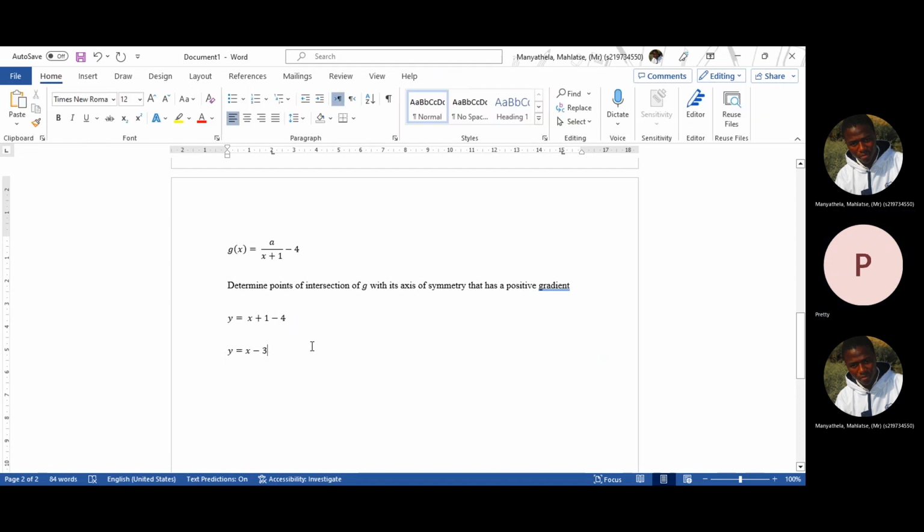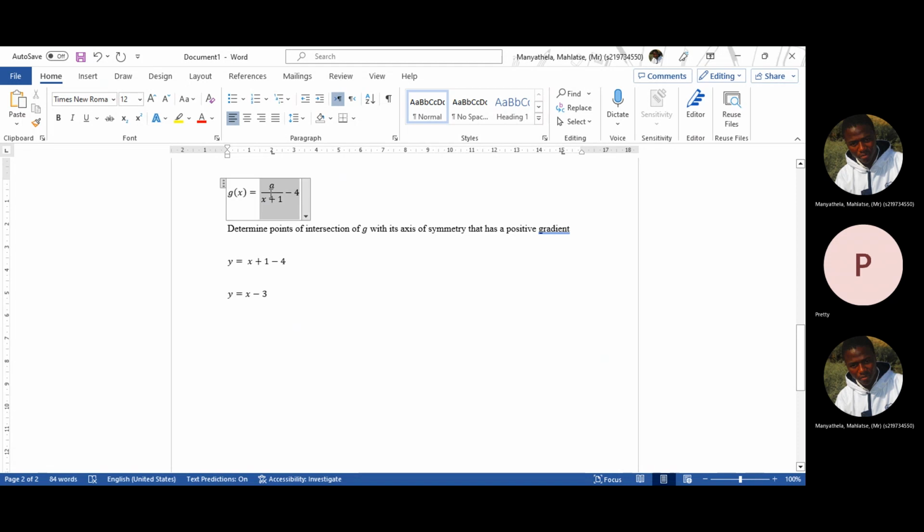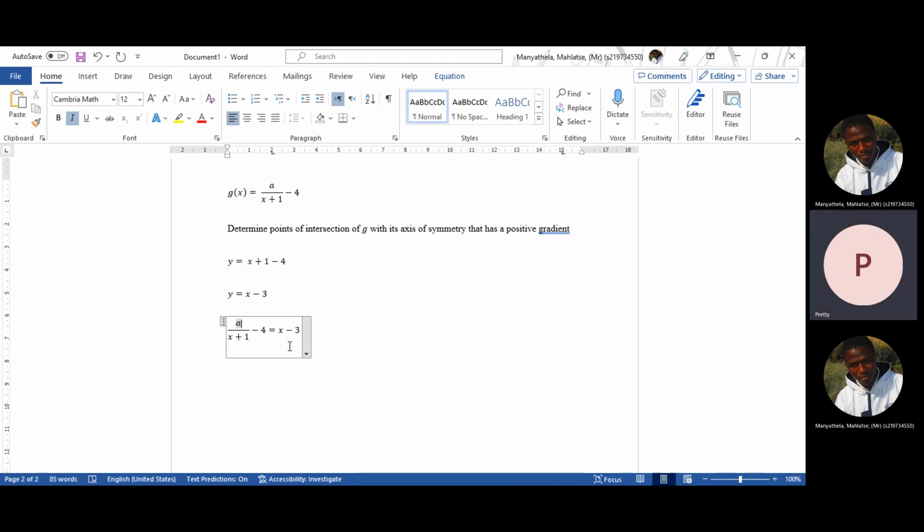So the next step, we equate these two equations, which is x plus 1 and x minus 3. But before you can even do that, find the value of a, the coordinates of the point of intersection. Let's look at g of x.